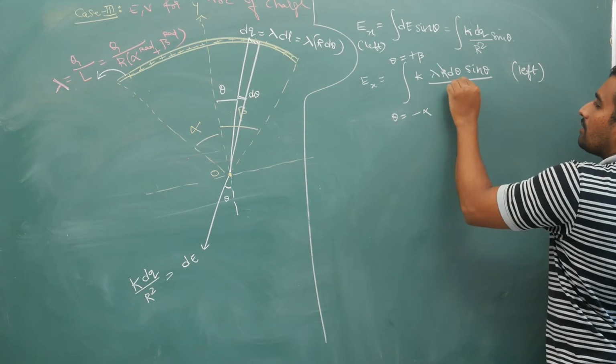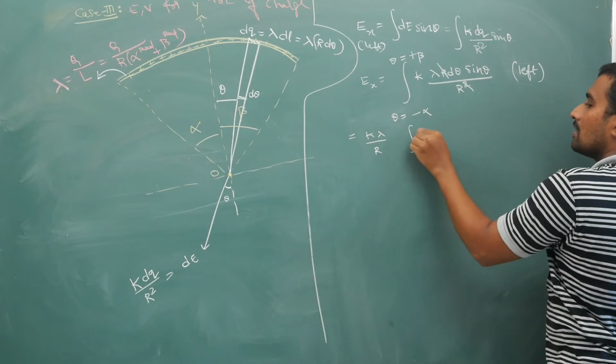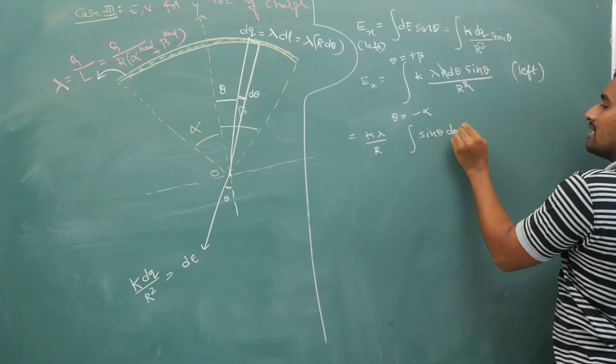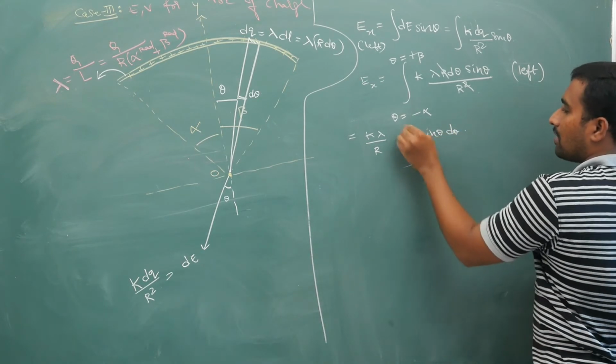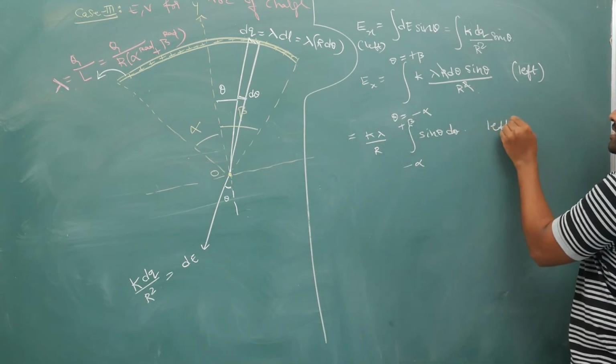So r will go off, and you are going to get k lambda by r times integral sin theta d theta from minus alpha to plus beta, direction towards left.